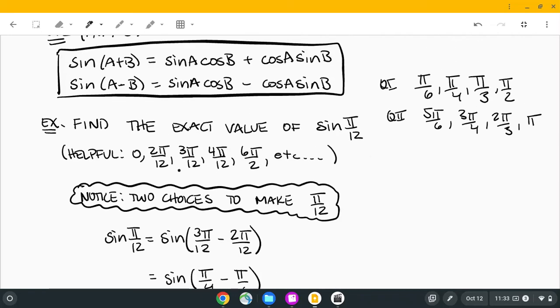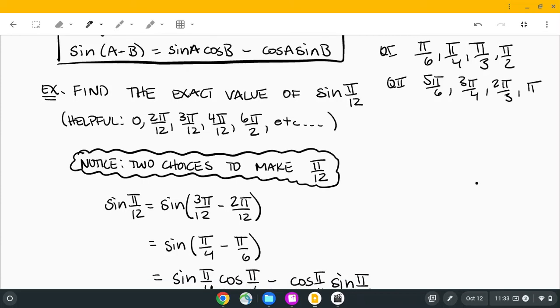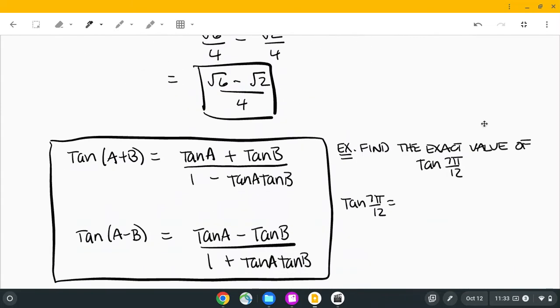So looks like we're going to go with these two. 3 plus 4 is 7. All right. 3 pi over 12 plus, hold on a second. I forgot my tan. Okay. 3 pi over 12 plus 4 pi over 12.